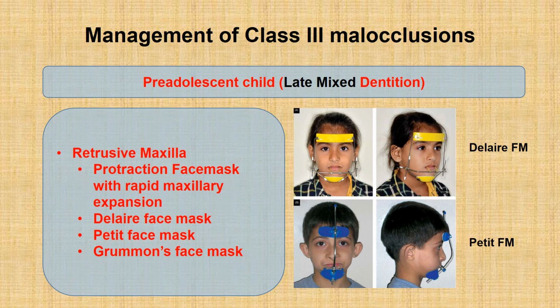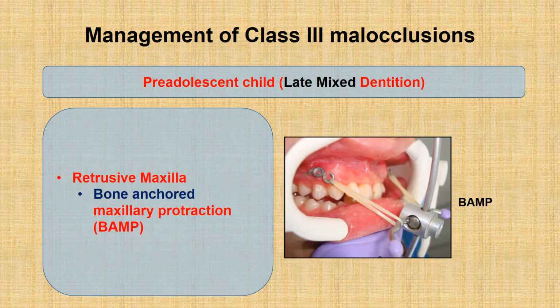Okay, and this can be accomplished with either a Delaire face mask, a Petit face mask, or any other face mask like Gramont's face mask. There is also the option of protracting the maxilla using bone anchored screws.